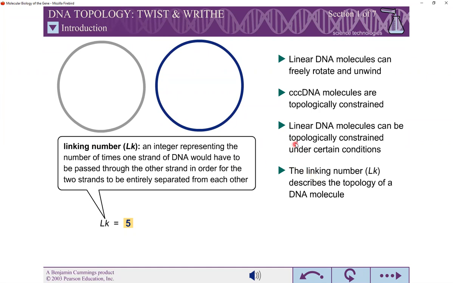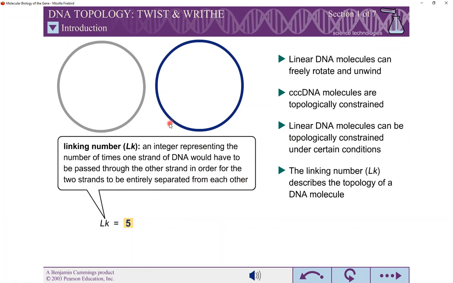Okay, the linking number describes the topology of a DNA molecule. So you are going to describe the topology of the DNA molecule with the help of linking number. Now, how to define the linking number? The linking number refers to the number of times one DNA strand has to be passed through the other DNA strand in order for the two strands to be entirely separated from each other.